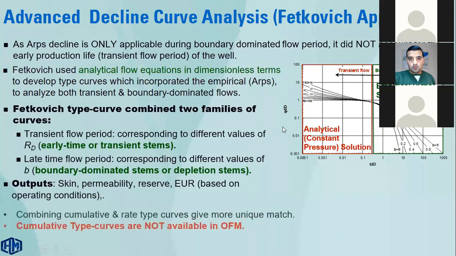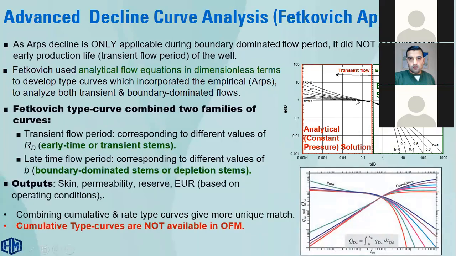As you can see from this type curve, we have two families of curves. The first one is the analytical, or Fetkovich constant pressure solution. This family of curves is dependent on rD, the dimensionless drainage radius, for the early time or transient stem.